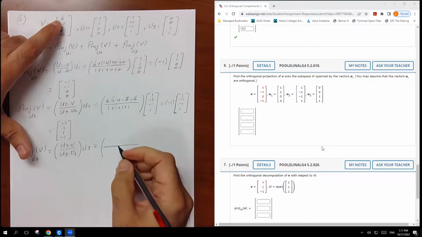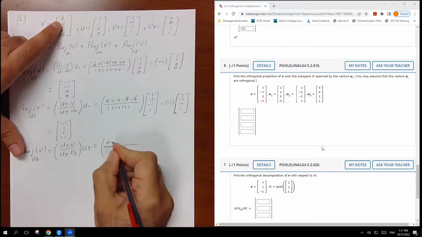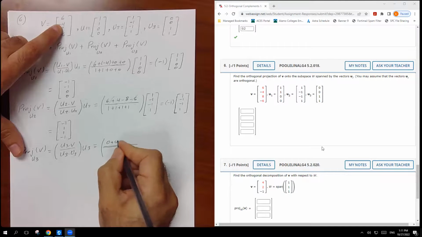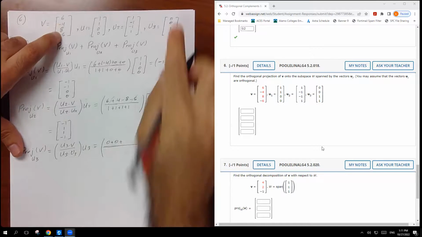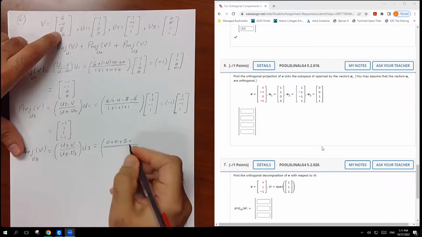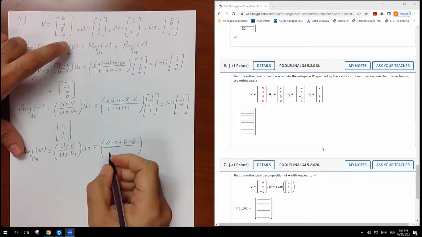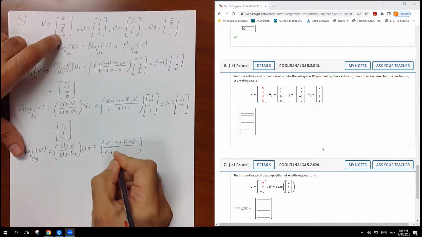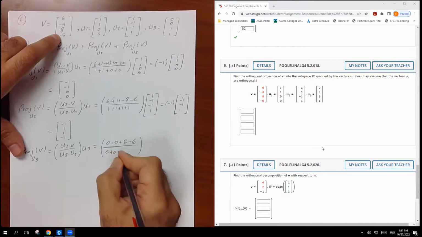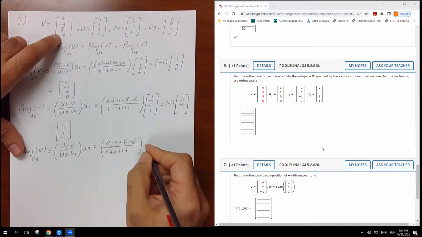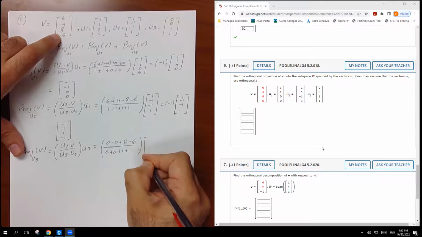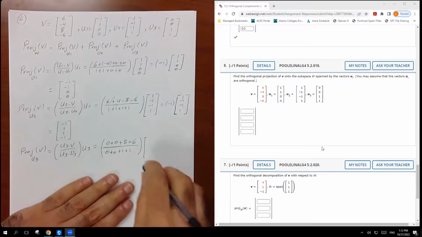So U3 times V, that means this is 0 plus 0 plus 8 plus 6. And everything over 0 plus 0 plus 1 plus 1, times this vector.